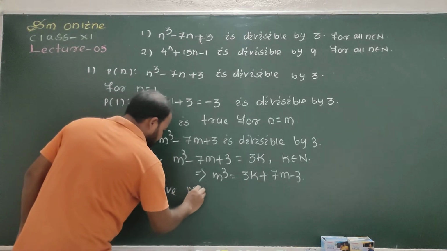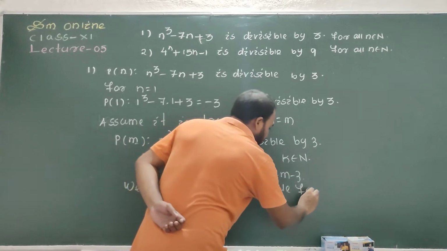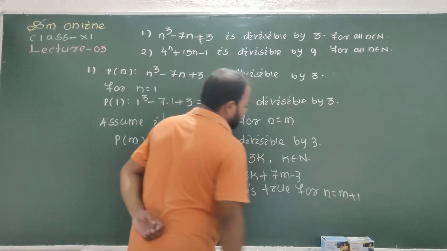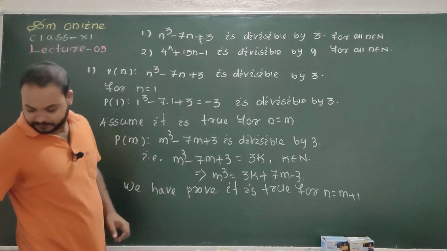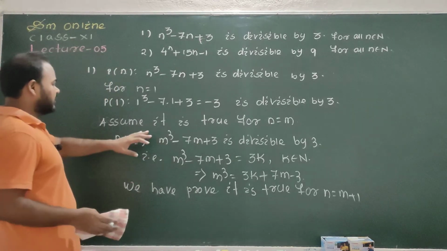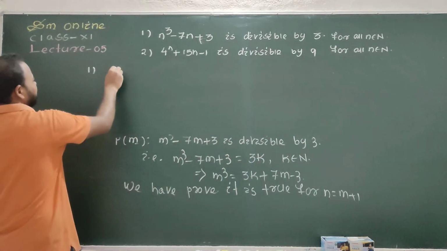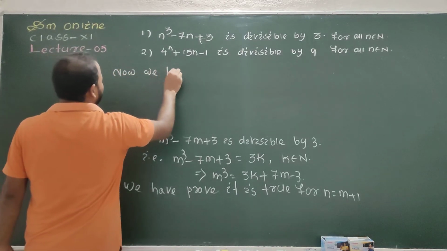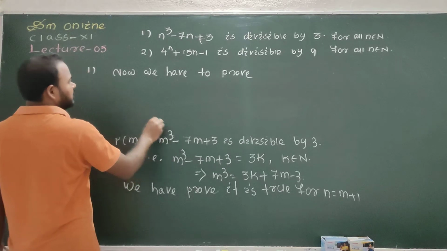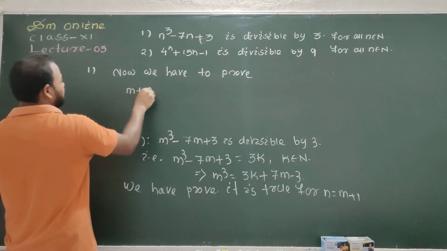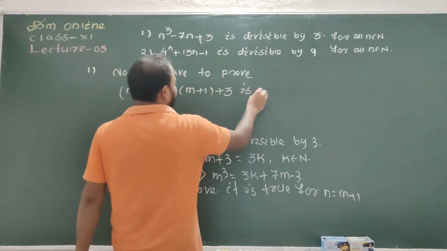Now we have to prove that (m plus 1) whole cubed minus 7 into (m plus 1) plus 3 is divisible by 3.